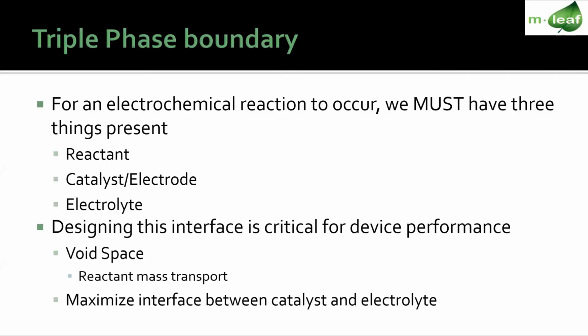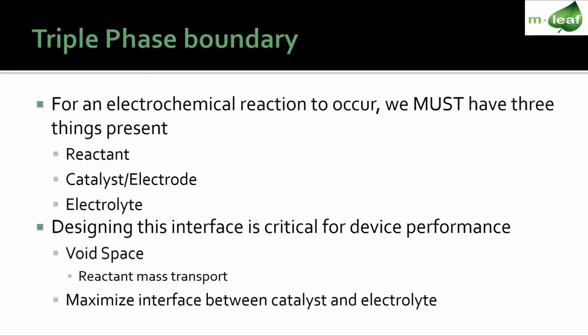I really just want to talk about one more thing. In the previous lecture, we said that these reactions all happen at the interface between the electrolyte and the electrode. The meaning behind that is that we must have three things present in order for a reaction to occur.